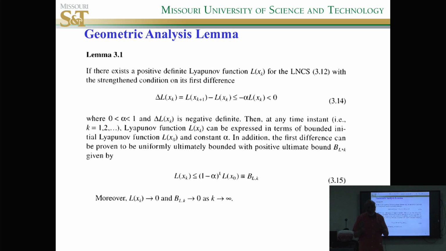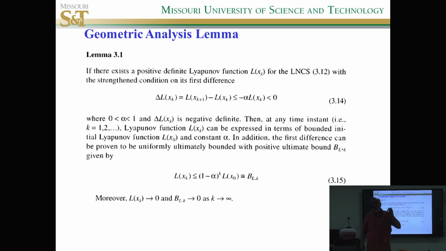The difficulty with any of the proofs is finding that Lyapunov function. So we spend a lot of time trying to find the Lyapunov function to show that the first difference becomes negative, because that means it is decreasing. And you know what happened? He died before he told how to find that Lyapunov function.